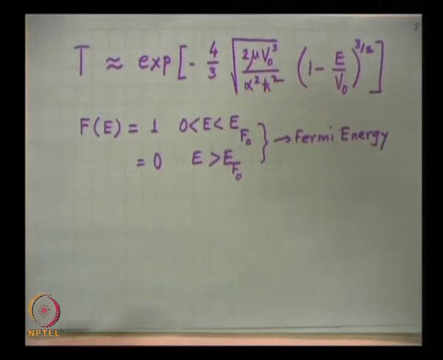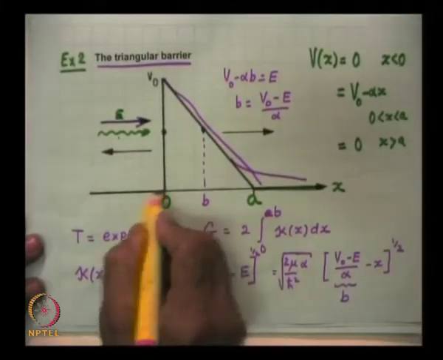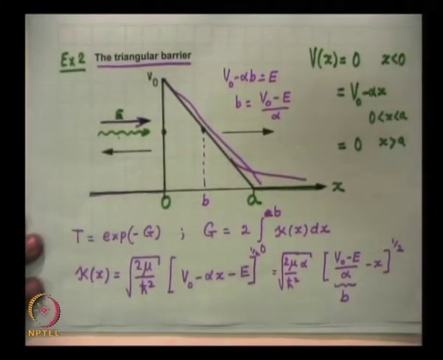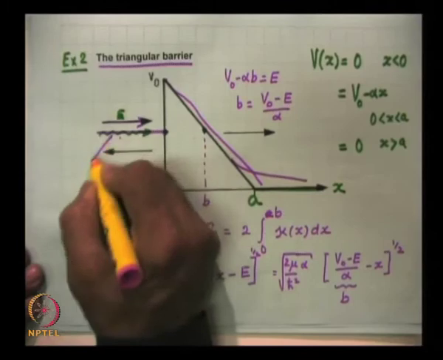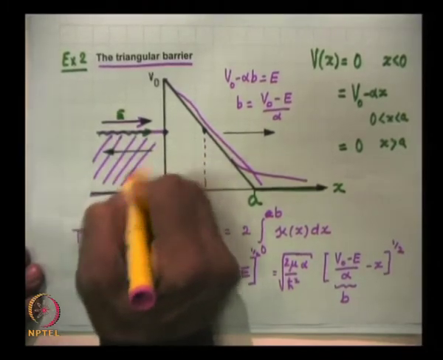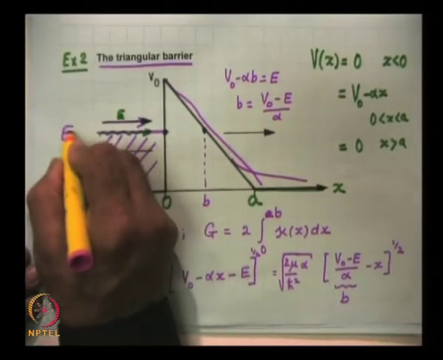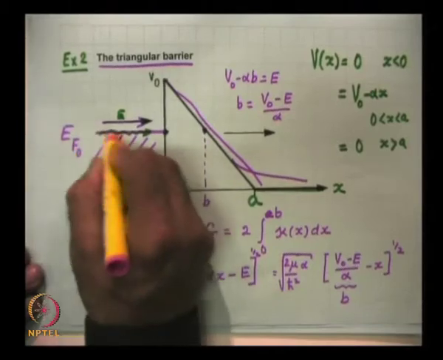So, all the electrons inside the metal: for x less than 0 you have the metal surface, and above the metal you apply an electric field. The electrons are free and there is a work function. All states up to this level, that is E f 0, are filled up.